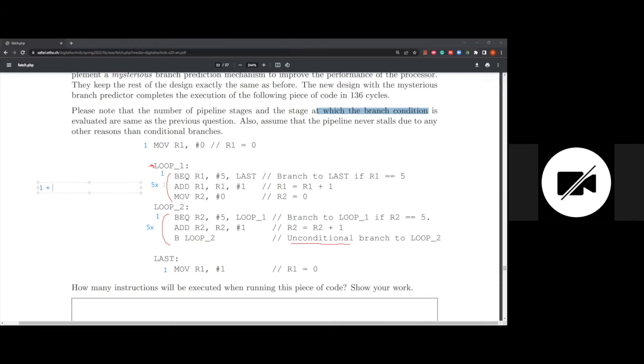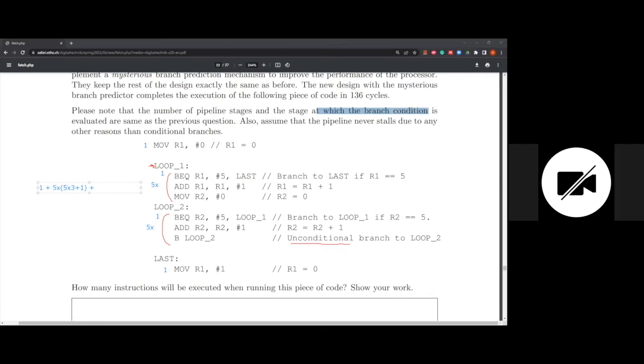And then this part is a bit tricky, right? So 5 times we will enter loop 2. And loop 2 consists of 5 times 3 instructions plus 1. So 5 times we will go from loop 1 to loop 2, which will be 16 instructions here in total.